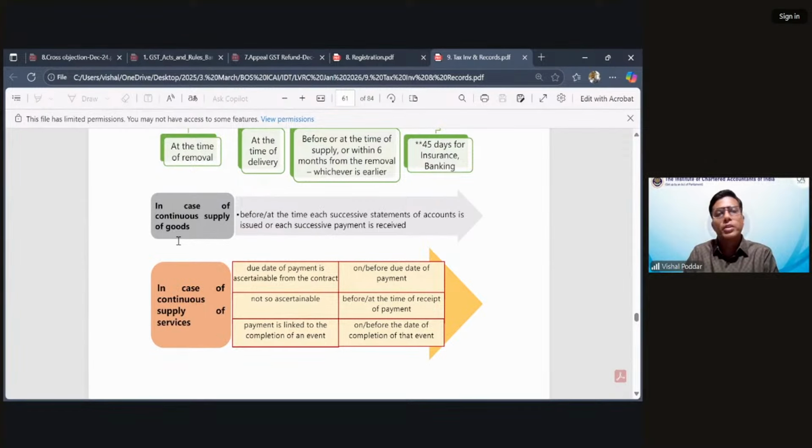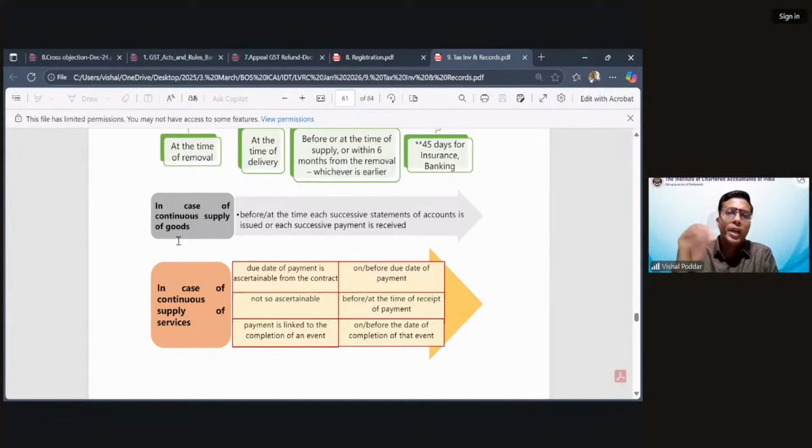Now, firstly, what is continuous supply of goods? Continuous supply of goods is a typical type of transaction where there is an agreement between the seller and the buyer, whereby the seller will keep on delivering, dispatching the goods on a recurring basis or on a particular frequency. And the most important thing is that on every delivery, there will be no accounting or hisab done as to how much is the total payable amount.